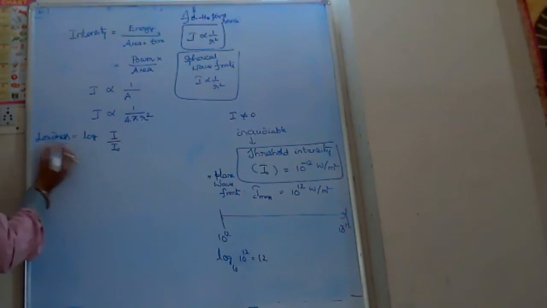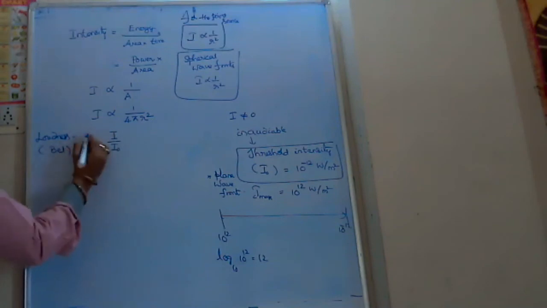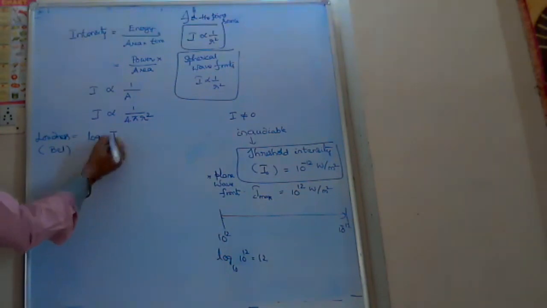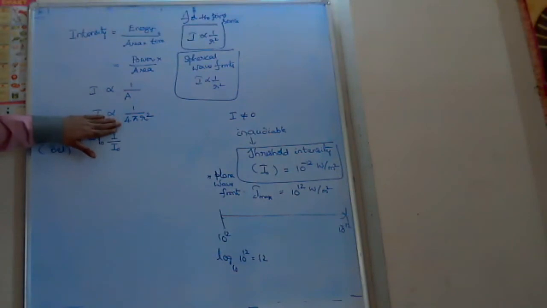It is proposed by Bell, that's why it is measured in the unit Bell, on his name. Loudness is measured in log base 10, not base e, log base 10 of I by I naught. Means intensity of a sound compared to the threshold intensity. It is called loudness.